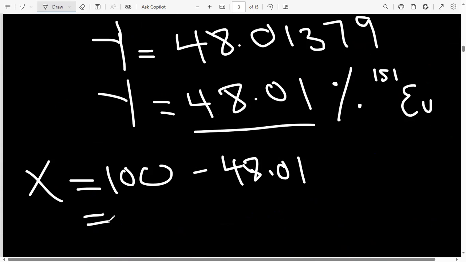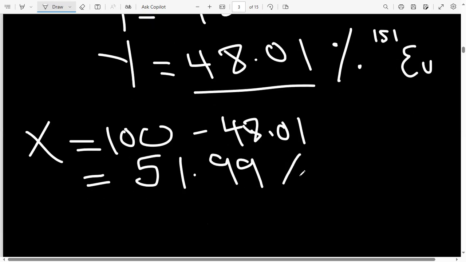So what am I getting now? 100 minus 48.01, I'm getting 51.99%. Okay, so we found the answers there.